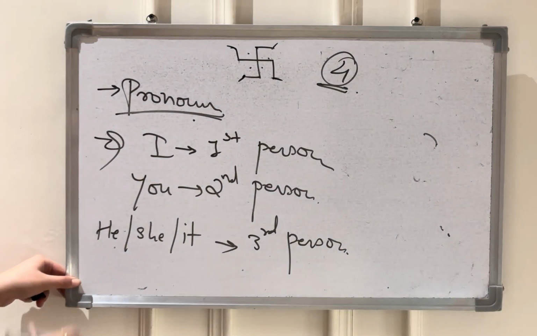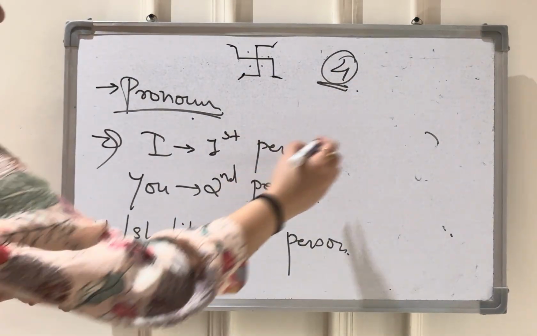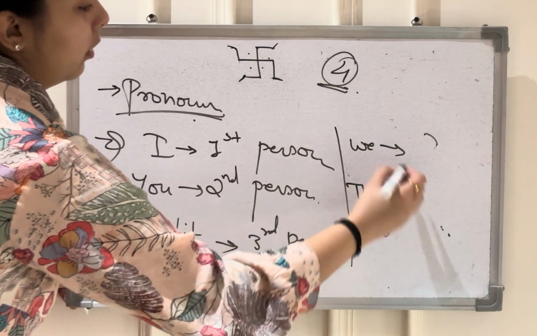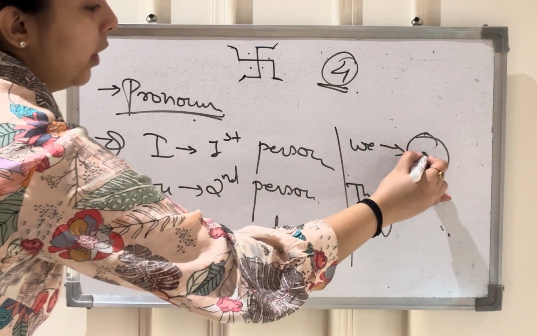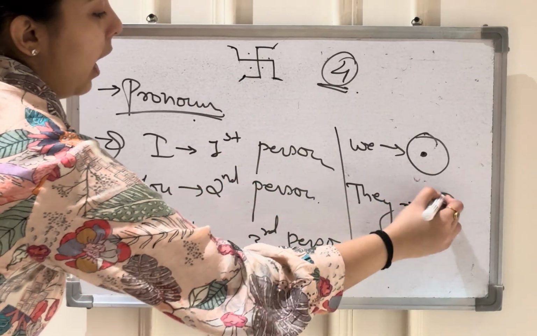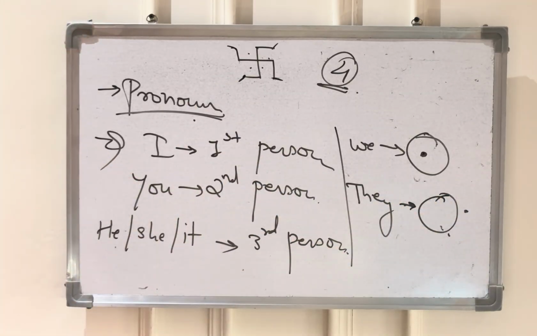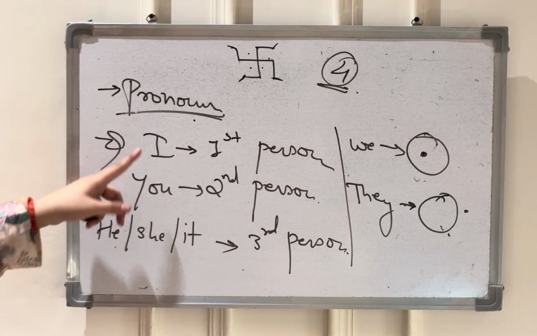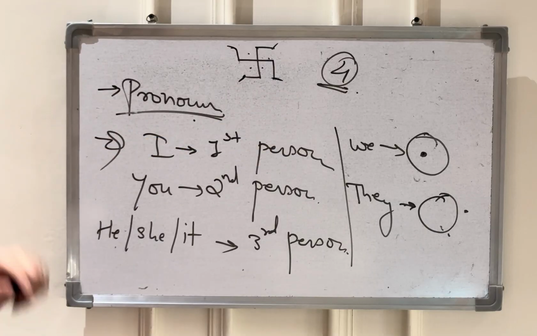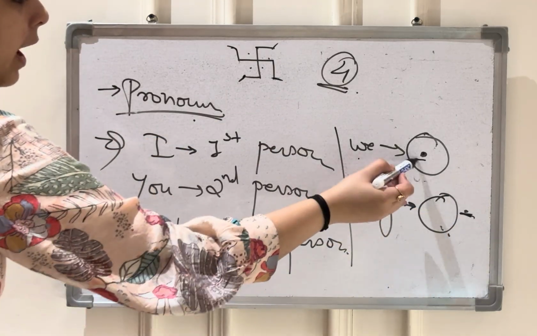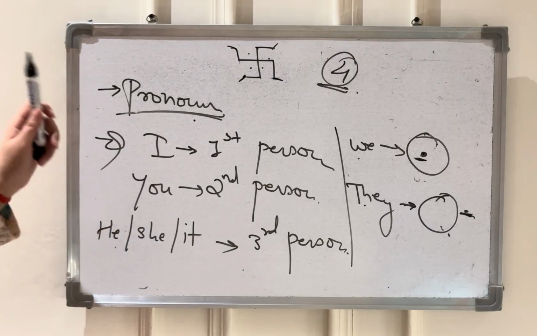And if you want to talk about a group, the next ones would be we and they. We means I is included in that we, and in they, I is not included. So that is my pronouns. All these are pronouns: I, we, you, he, she, it, and they. Understood? In they, I is not included, while in we, I is included. Simply, those are my pronouns.